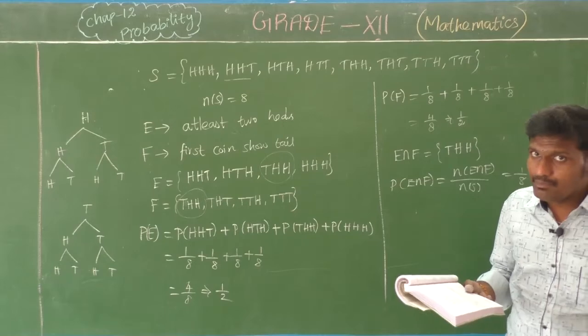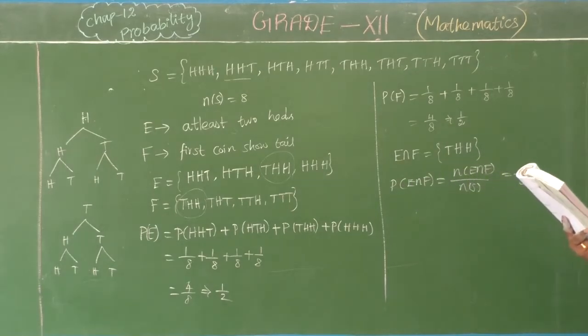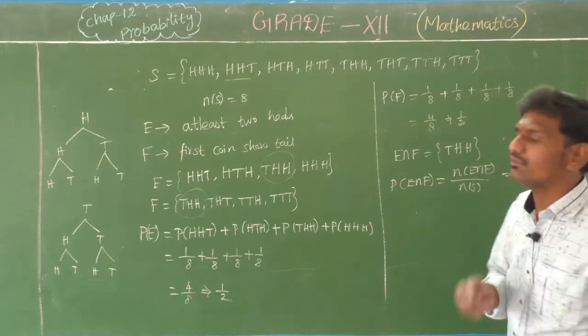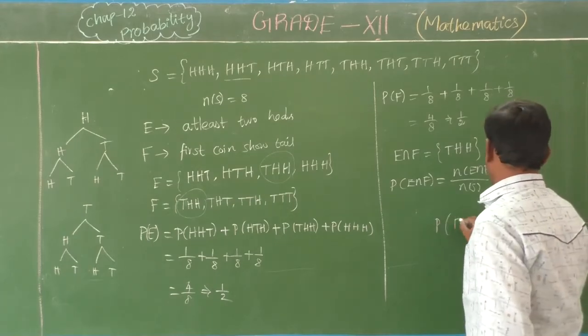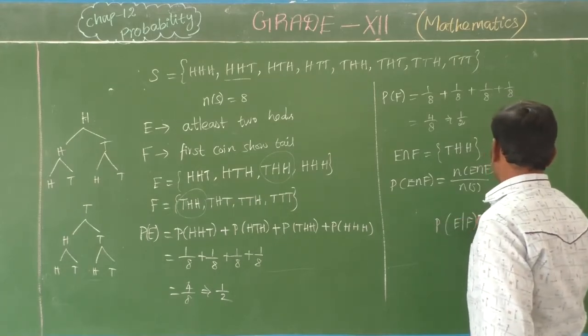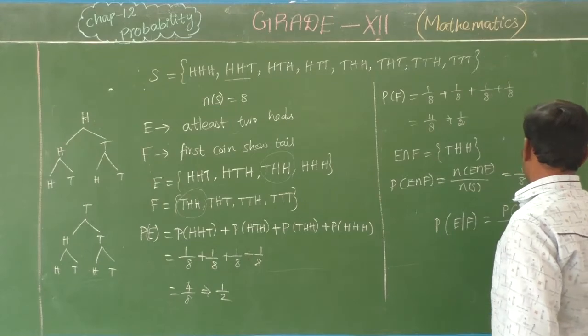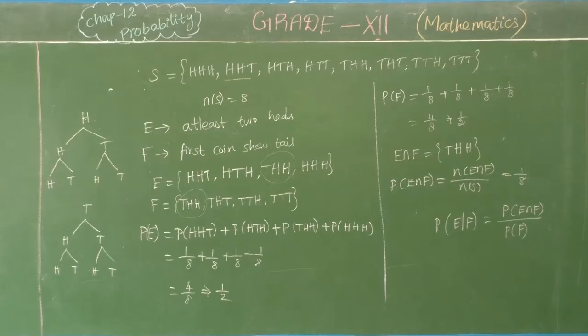Likewise, the probability of E given that the event F has occurred is 1 by 4. So based on this, we have concluded the formula. What is the conditional probability? P of E given F, which is equal to P of E intersection F whole divided by P of F.